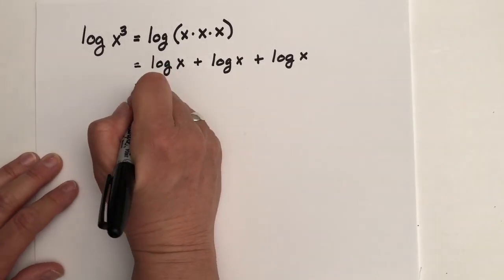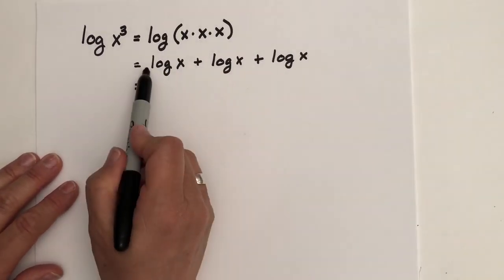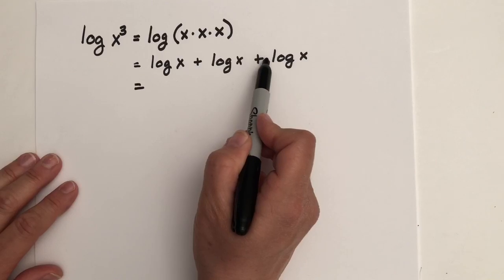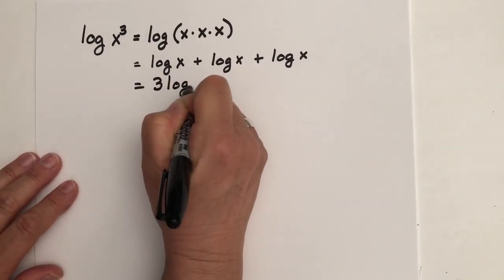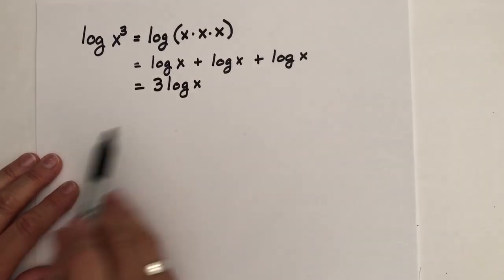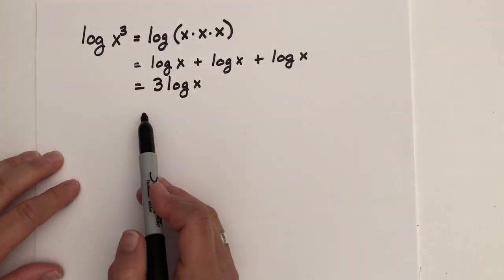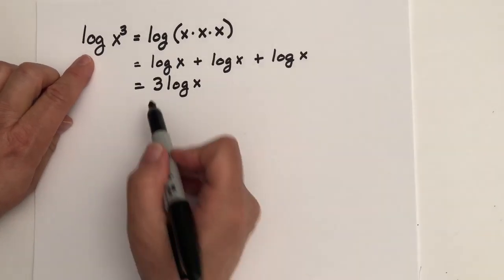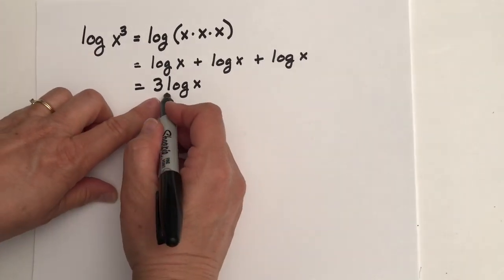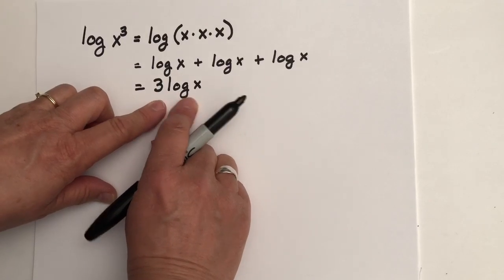And then let's finish. We have 1 log x plus 1 log x plus 1 log x. That gives us 3 log x. So now look at what this equation tells us. It tells us that the log of x cubed actually equals 3 times the log of x.